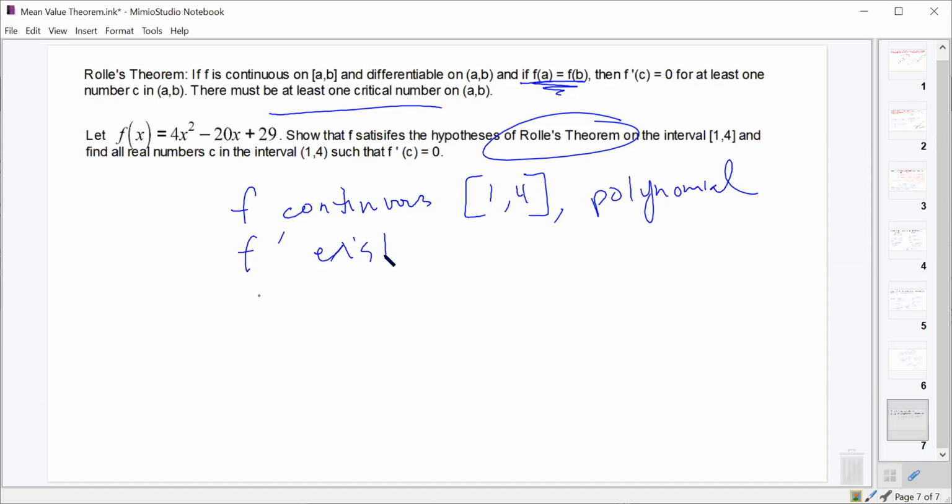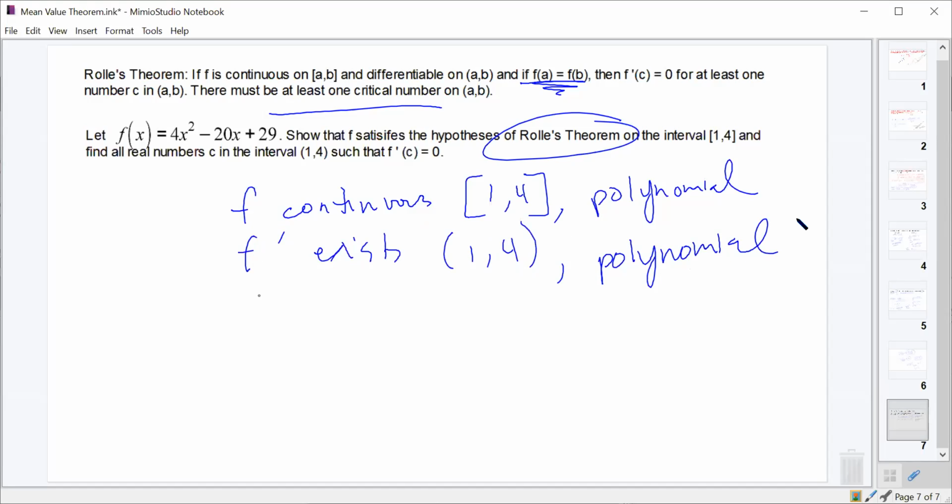Does it exist on 1 to 4? Why does f prime exist on 1 to 4? Also because it's a polynomial, okay.